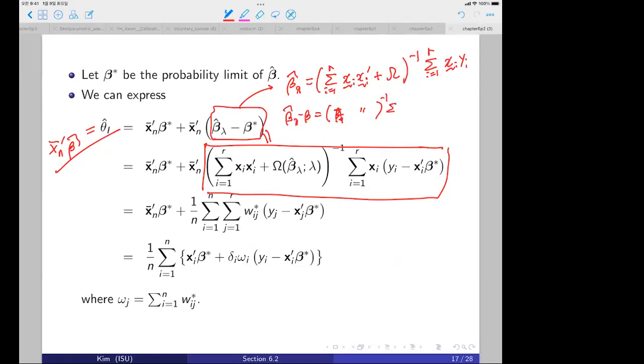And then what we are doing is minus x bar prime beta star. So beta star plus some additional, I mean minus, right?